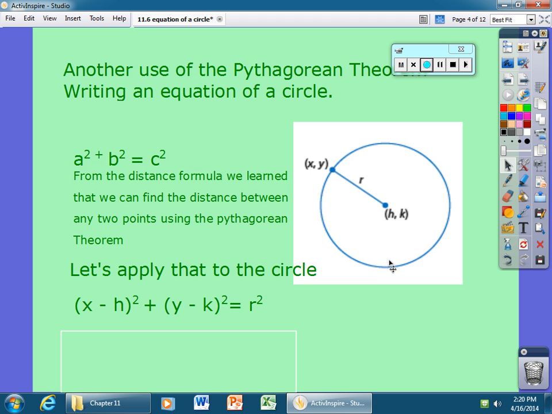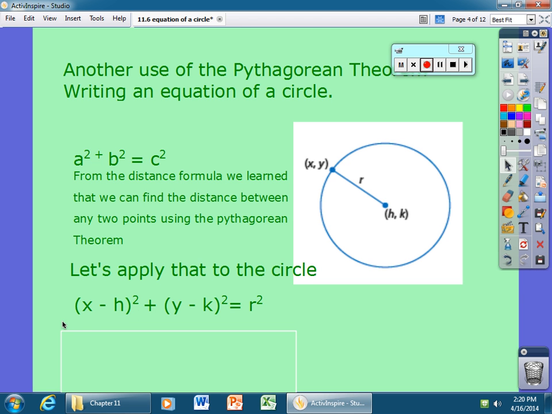If you look at the 2 points that we've labeled on the circle, this point H, K stands for the center of my circle, and X, Y can be any point at all on the circle anywhere. So if we're going to write the equation for that circle, it would be x subtract the center x, squared.